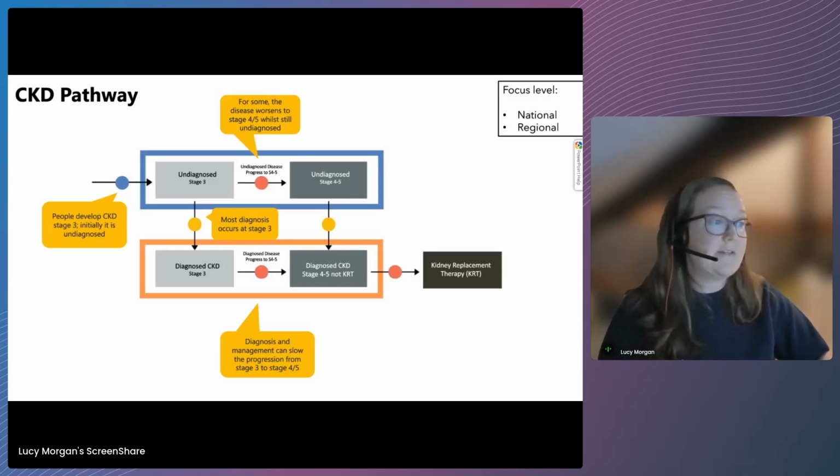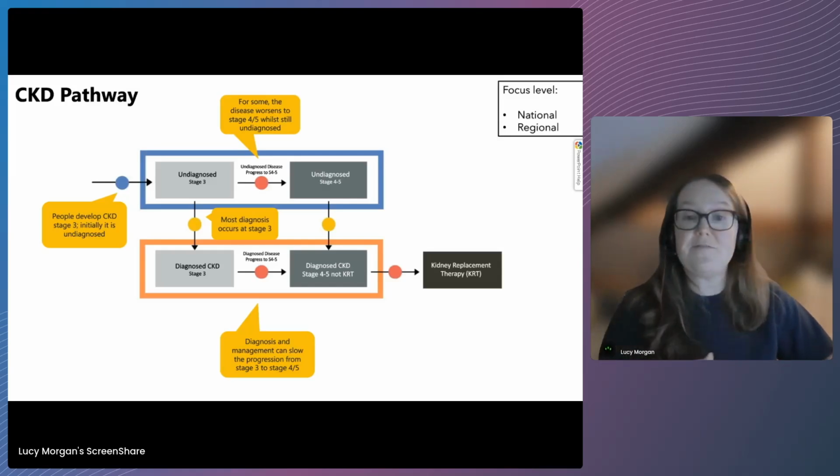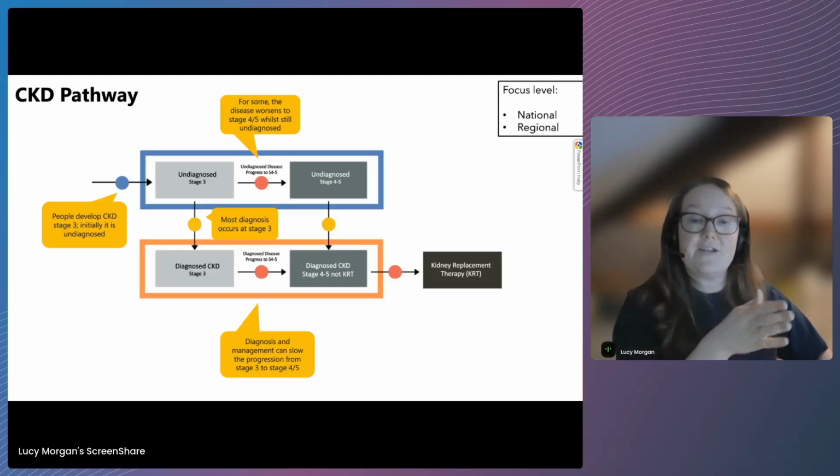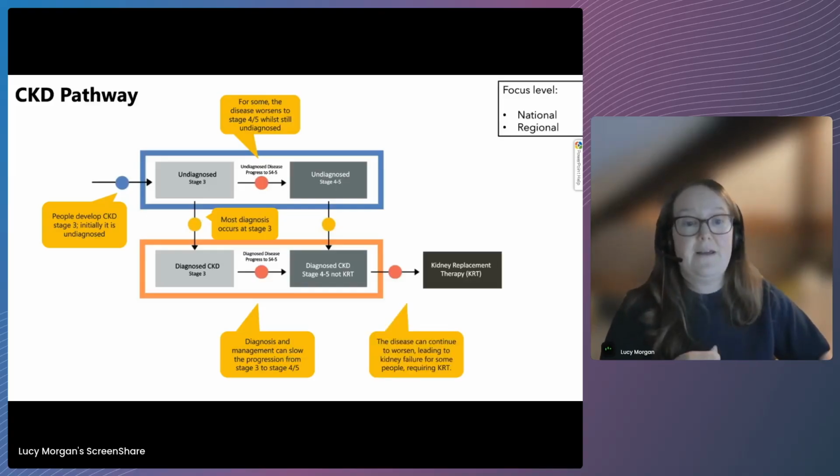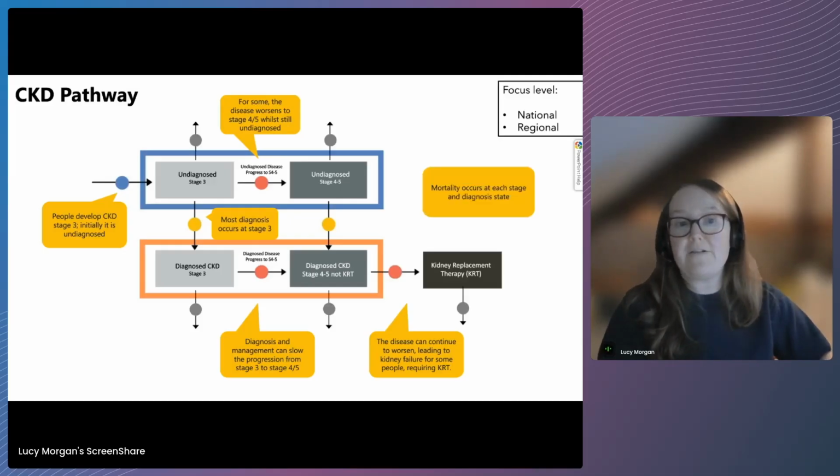Then diagnosis and management can slow progression from stage 3 to stage 4. So we have a slightly different rate at which they flow from diagnosed CKD stage 3 to diagnosed CKD stage 4, as we do for undiagnosed stage 3 to stage 4, 5. And then the disease will get worse, and at some point, for some patients, mean that they require kidney replacement therapy. And mortality can occur from any of these different places.